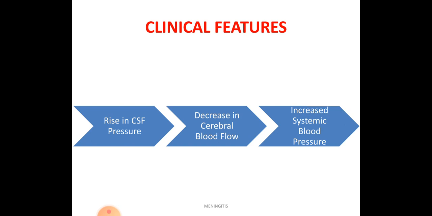If the blood pressure is increasing, definitely the heart will be able to pump more blood to the brain. So indirectly, a rise in CSF pressure leads to reduced cerebral blood flow, and to compensate for this, the blood pressure is increased by the body to give more blood to the brain. So rise in CSF pressure will lead to increased systemic blood pressure.